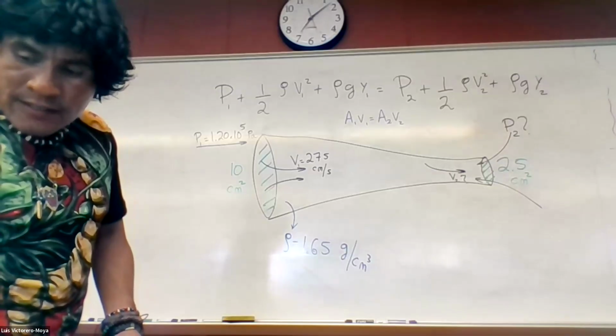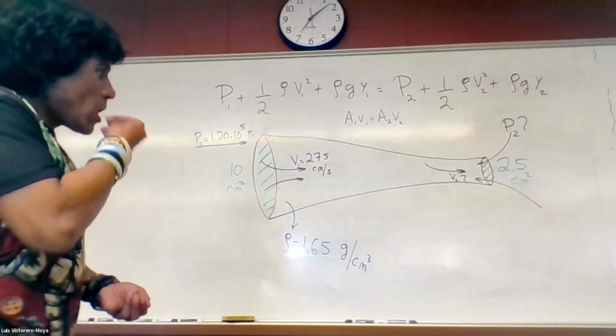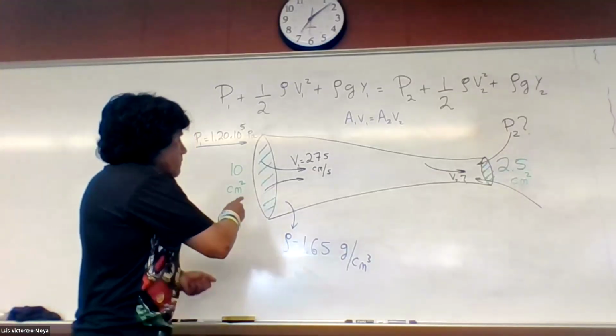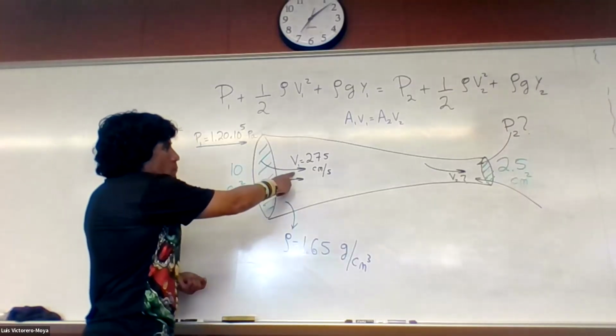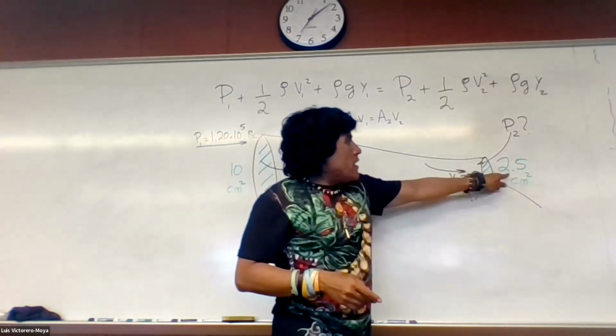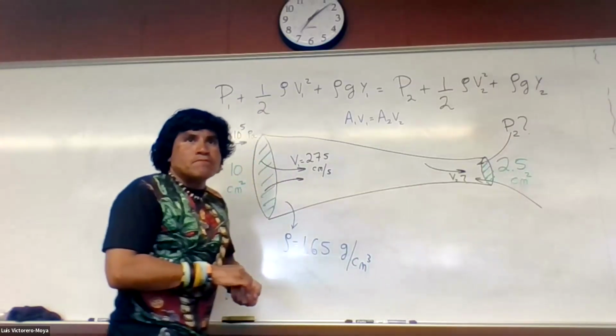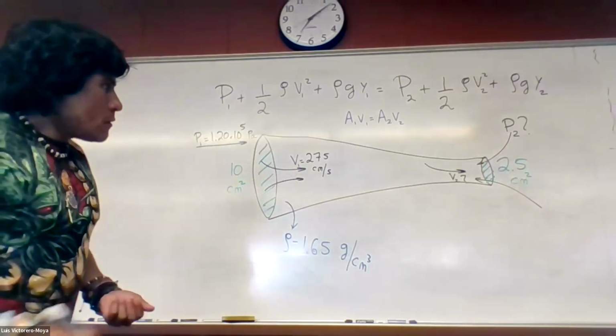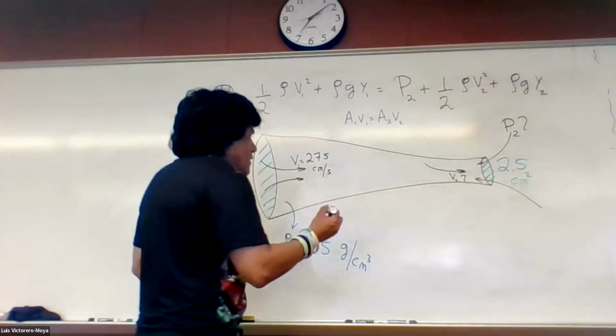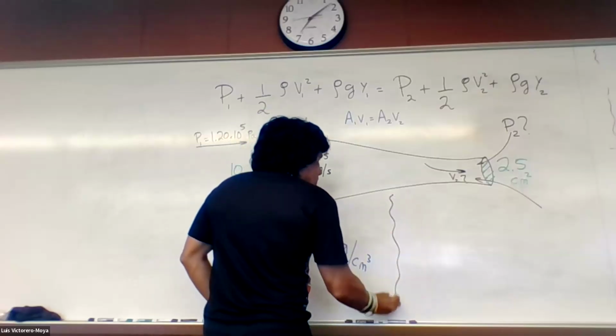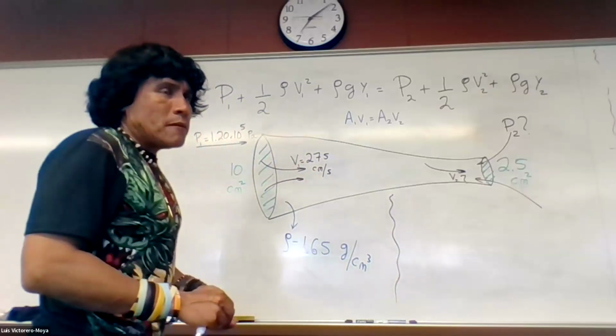Let's do the velocity. That's the easy one. Area 1, V1. Area 2, V2. Okay? In problems like this, it's very easy to find the second velocity.